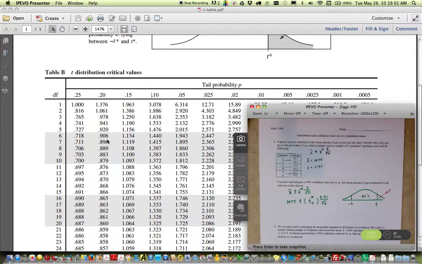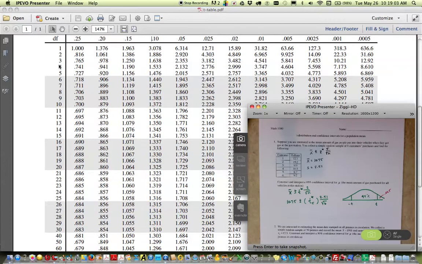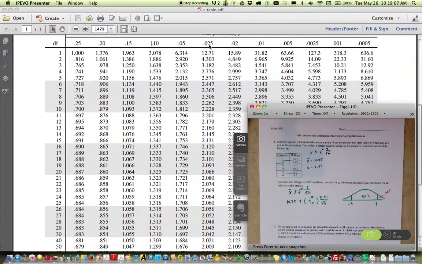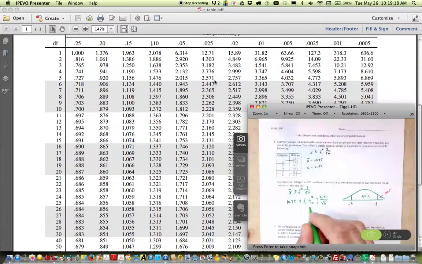To read this from the table, we go to 5 degrees of freedom, and we go to where we find 0.025 across the top. This is our right tail probability, and we look at the intersection of that column and this row, and we find 2.57.